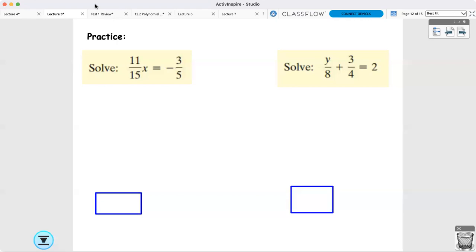All right, let's go ahead and type in your solution in the chat. All right, anyone have a solution for the first practice problem?